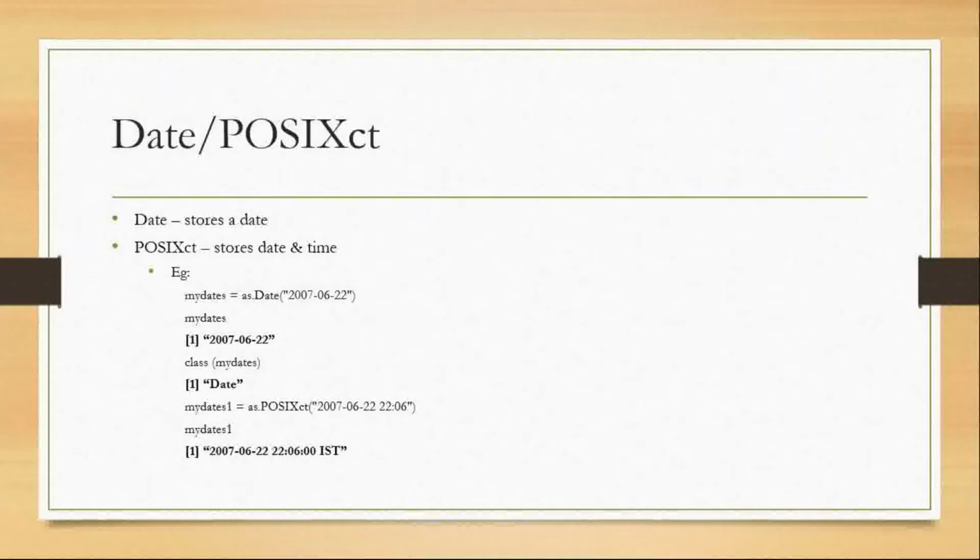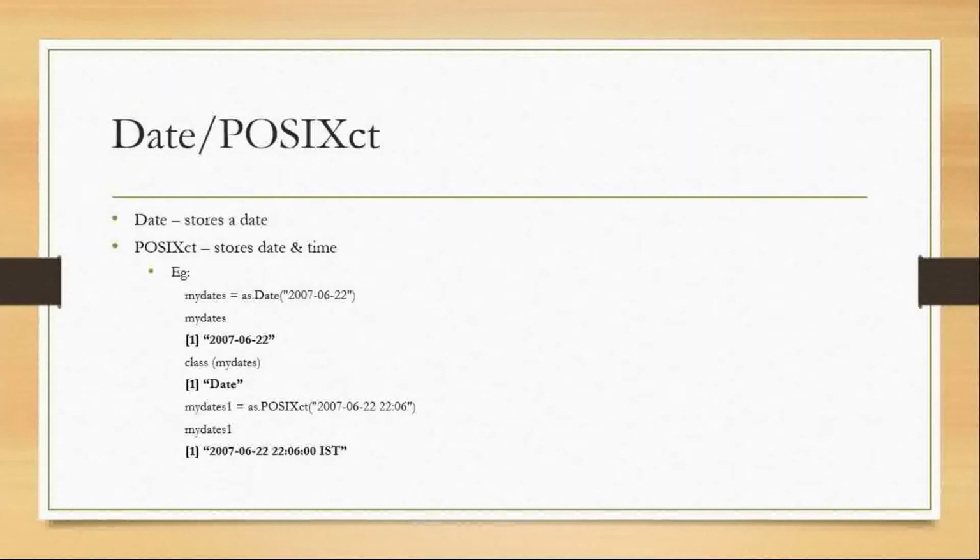POSIXct stores the date as well as time. So today's date is 5th February 2021 and time is 2:35. So that is the difference between Date and POSIXct. You can see the example written on the PPT.